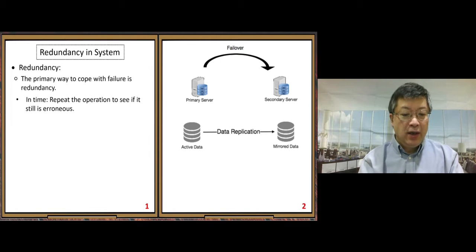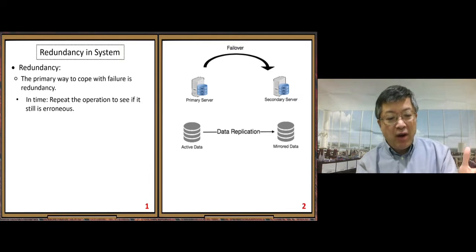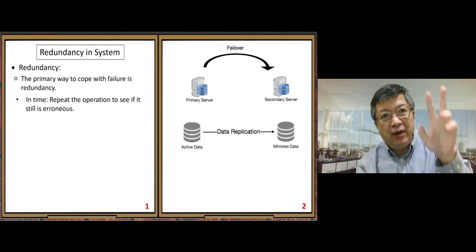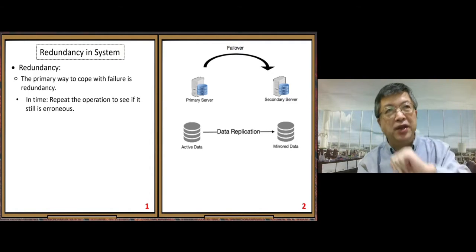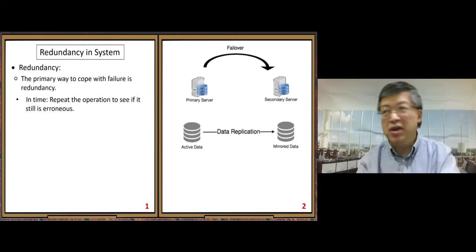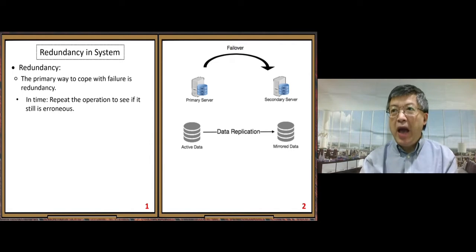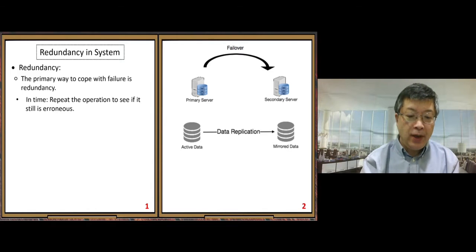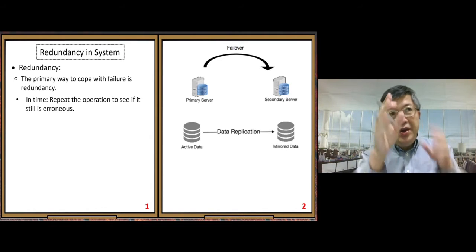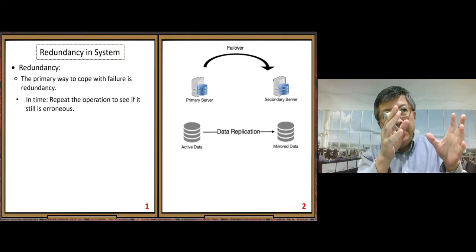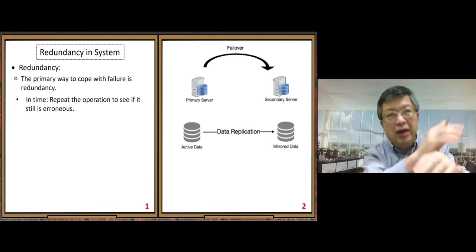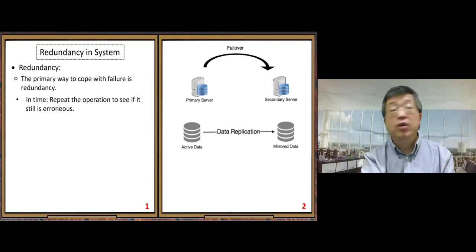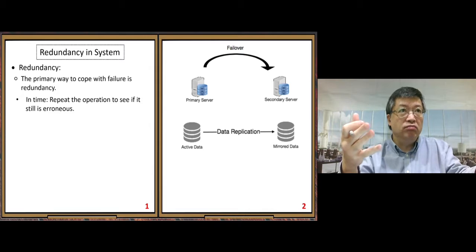All right. Then, when we talk about redundancies, there are two different meanings. The first one is in time. We add redundancy in time. When you do some operation and you notice some error in that operation, then we just repeat the same operation.